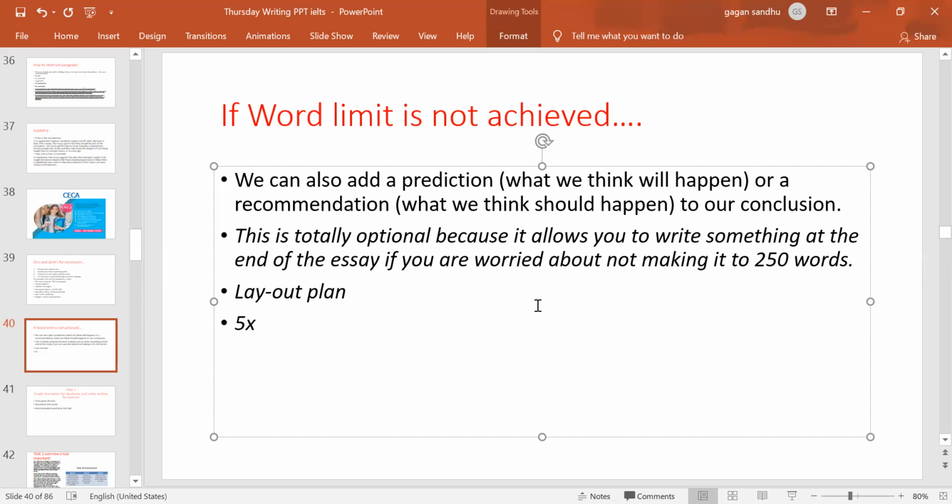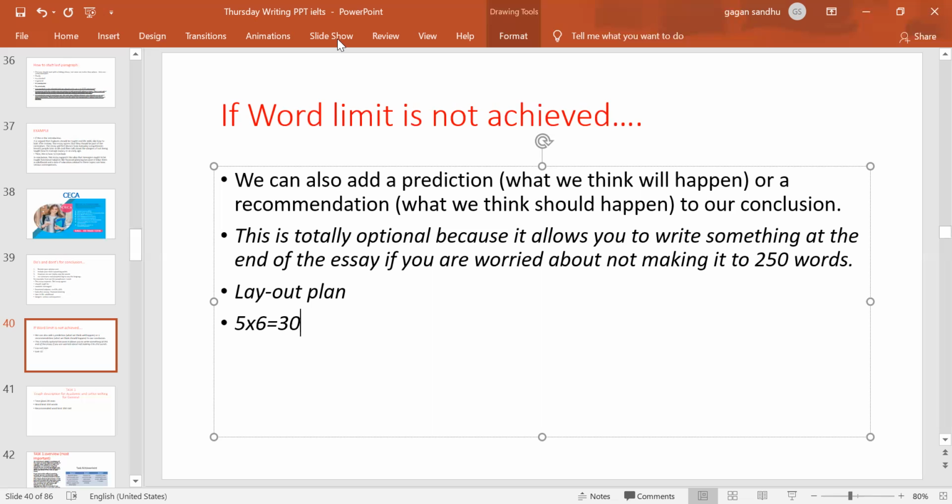But a line is when I'm completing that line, that space given in the answer sheet. So maybe I'm a student writing 5 words in one line, and I have written 6 lines. So what is the count of the words for me? 5 into 6 is 30.